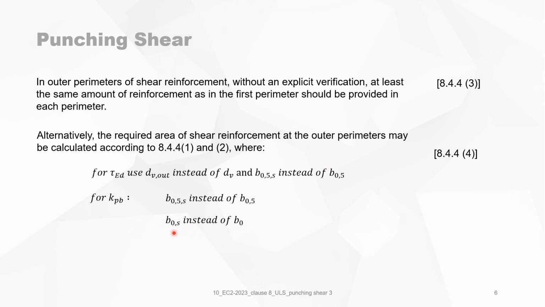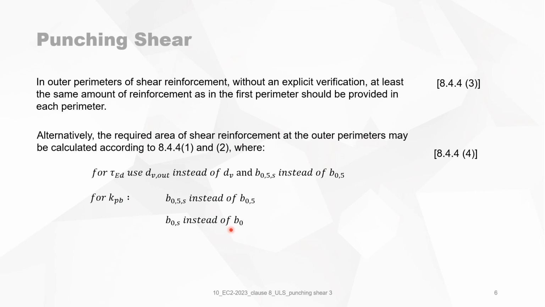So it means that b0,s is different from b0, which is confusing because b0 is the perimeter at the edge of the support.